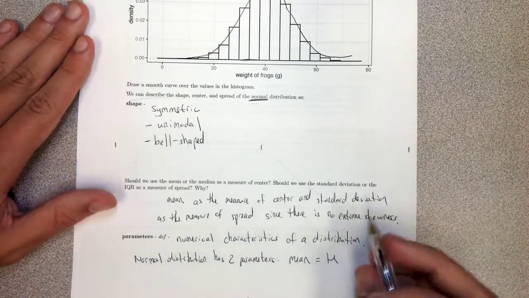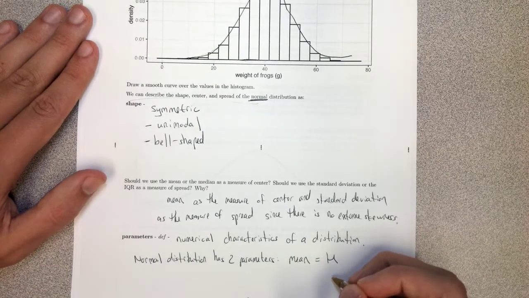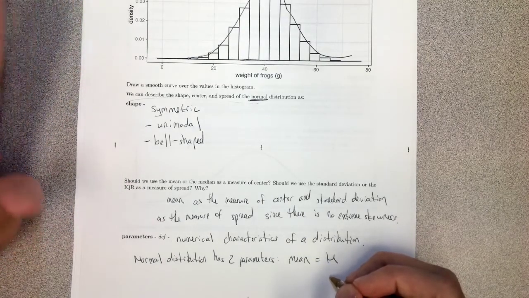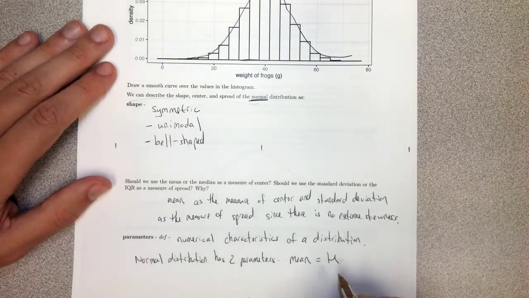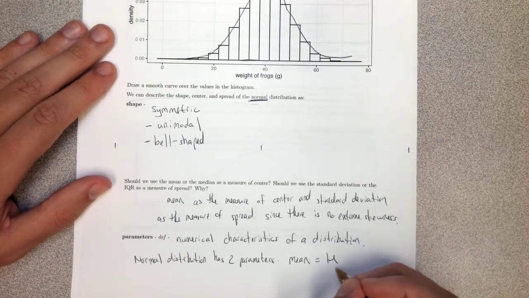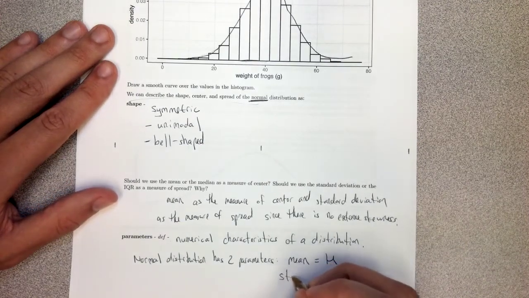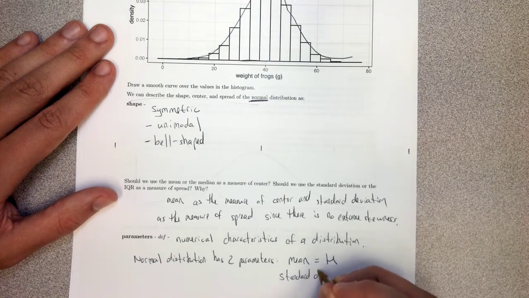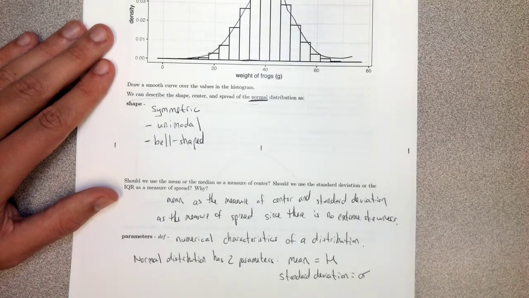Mu is a Greek letter that kind of looks like a cross between a U and a capital M, kind of. I don't know, kind of grasping at straws here. But this is just convention, what everyone in stats will refer to the mean as. And a standard deviation, that is denoted as sigma.